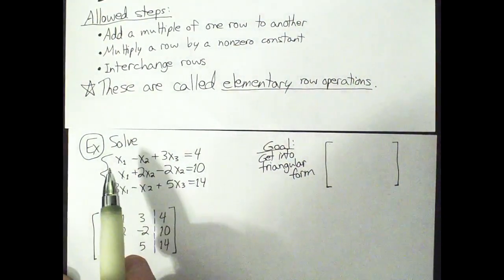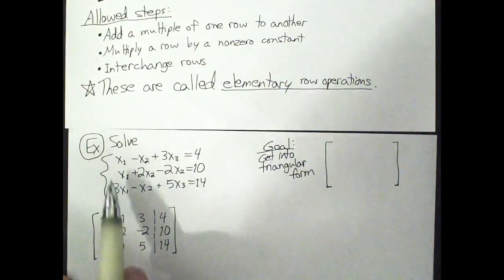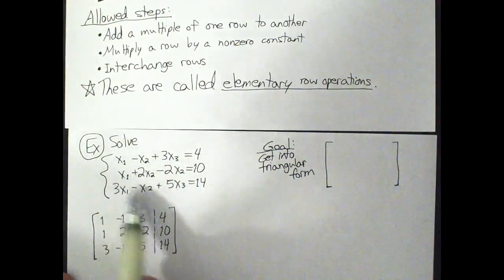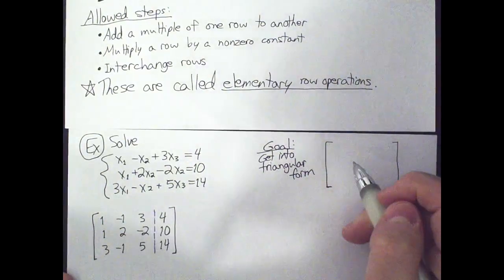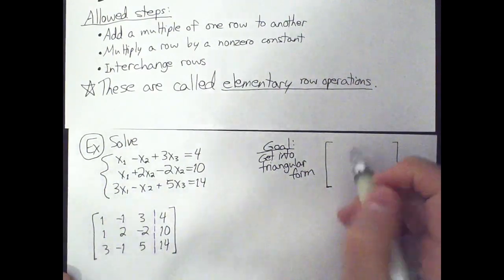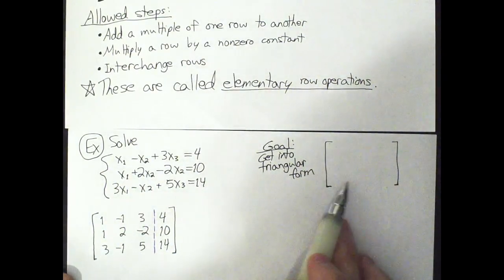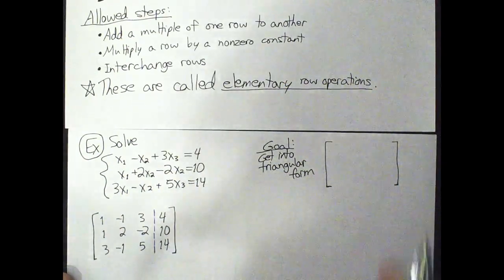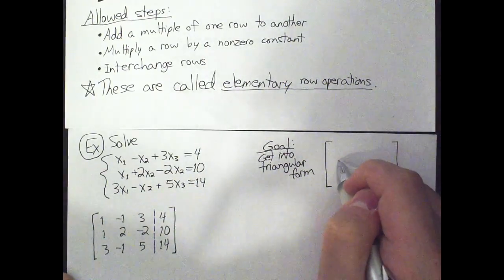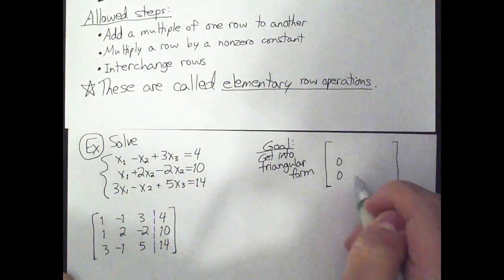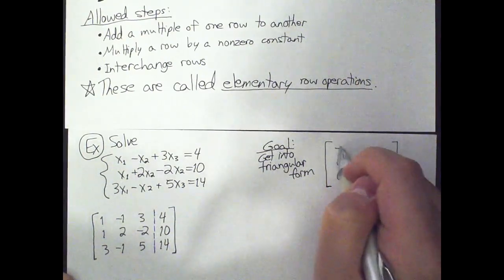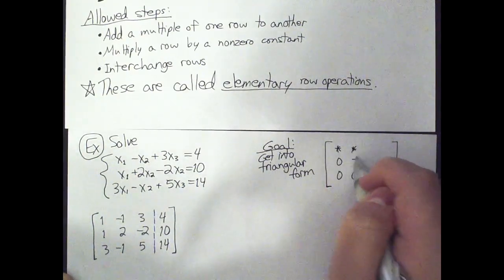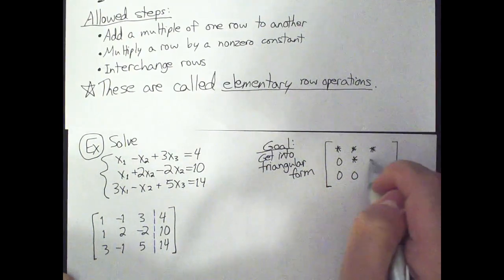Earlier we were just thinking of equations and we wanted to get rid of the lower left terms. Well, we're not really going to have empty space in the lower left now. We're going to have zeros there. There's a 0 here, 0 here, 0 here, and then some kind of numbers filling up the rest of it.